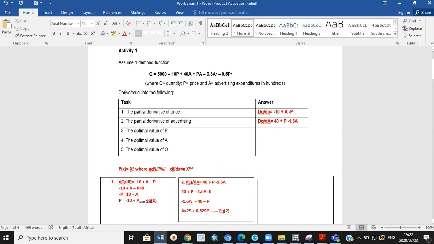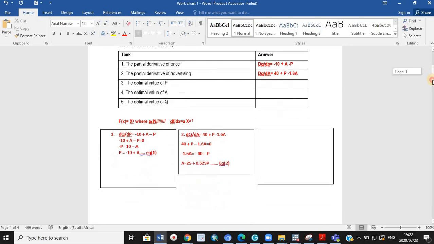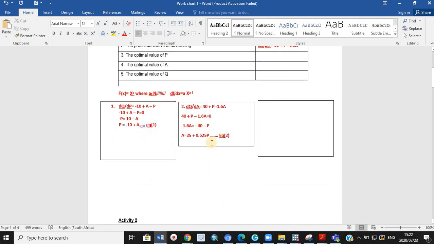Very good. So what basically happens here is that for us to get the optimum value, we will need to substitute either equation 1 into 2 or 2 into 1. I can just do it here. I will change the color so that you see. So p is going to be equal to minus 10, plus, we already know a by now, which is 25, plus 0.625 p.